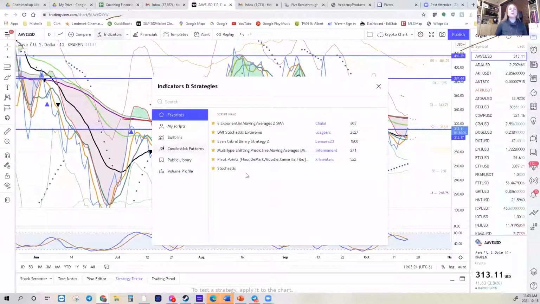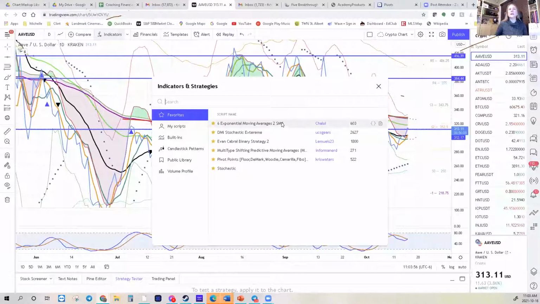So one of the cool things about using TradingView, guys, is if you have the free version, you only get so many indicators available to you. So you can choose something like the 6 exponential moving averages and 2 SMAs. This is one indicator, so you're only using up one of your allowable indicators, but it's going to allow you to put all of your moving averages in and your simple moving averages, like the 4 and the 8.